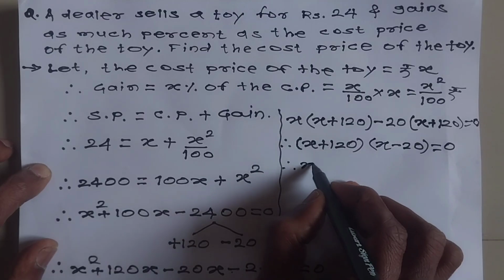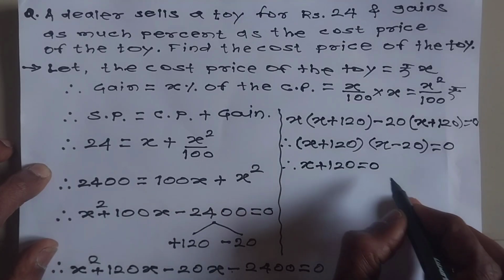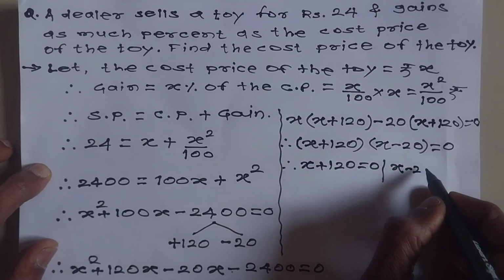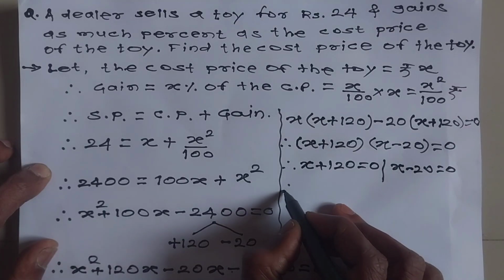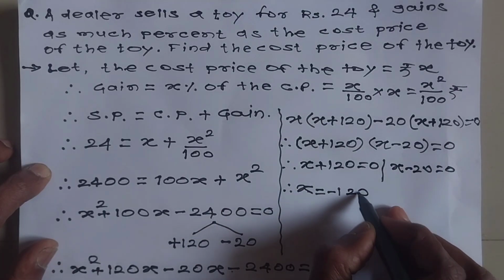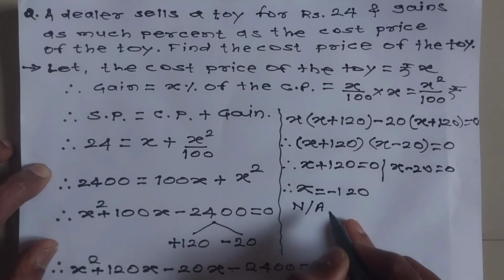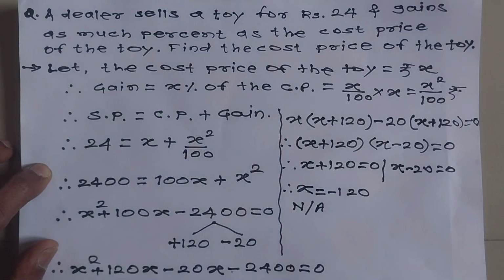Therefore, we write x plus 120 is equal to 0, or x minus 20 is equal to 0. Therefore, x is equal to minus 120. This is not applicable, because price, weight, or distance are not negative.